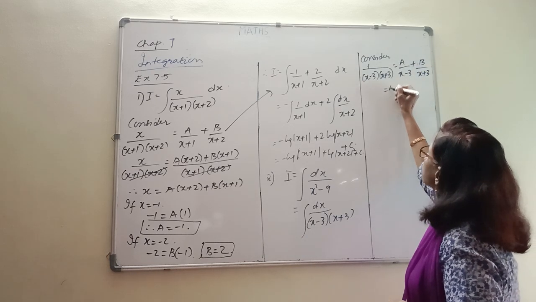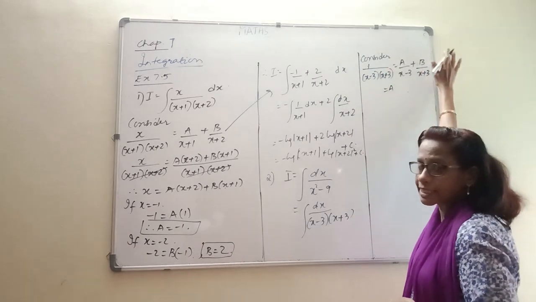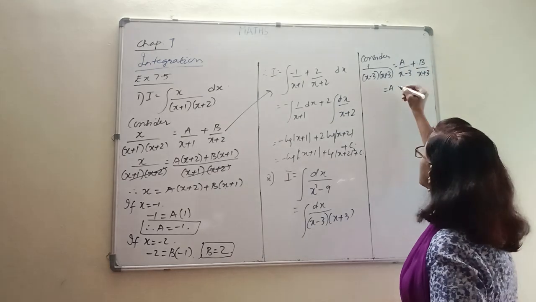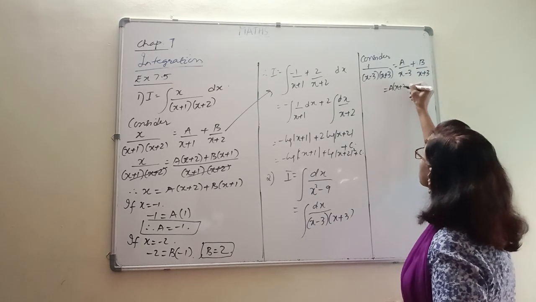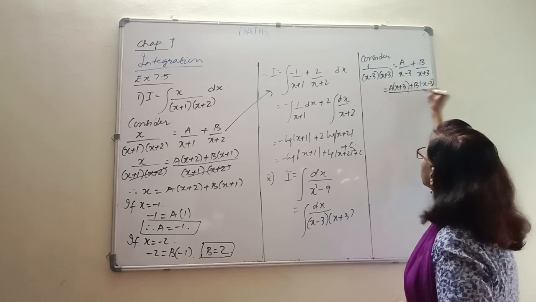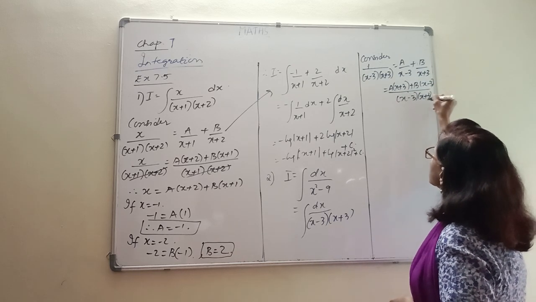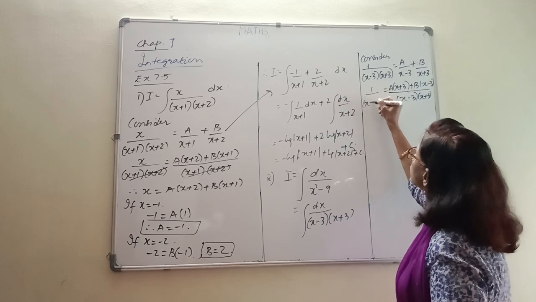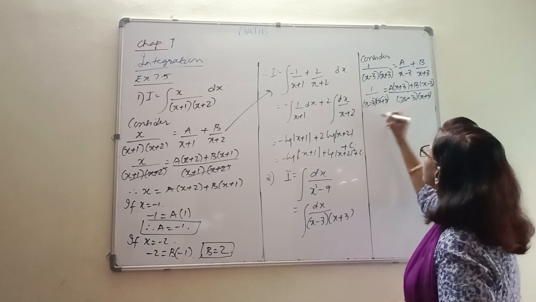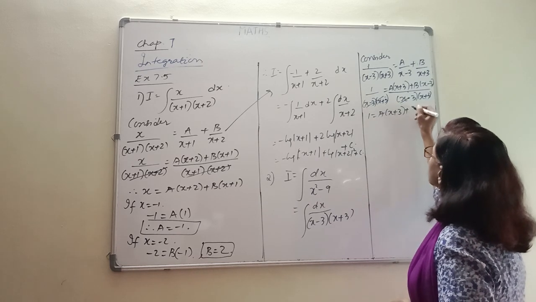So when we simplify, this entire thing is multiplied by x plus 3, this entire thing by x minus 3, to have the denominator the same. So here it's going to be a times x plus 3 and b times x minus 3. Like that, you have both the denominators equalized, and the denominators cancel, so that you are left with 1 equal to a times x plus 3 plus b times x minus 3.